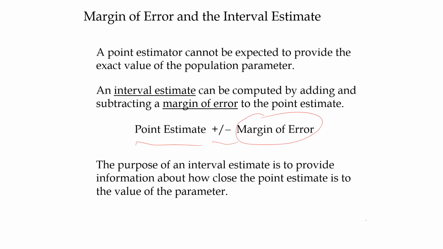As I said before when I was talking about the point estimator, one of the issues is that you are going to have error. If I take a sample of 10 random students out of 30, the average of those 10 is very unlikely to be the exact same as the average of the 30. Let's say we were doing height. The average of the 10 from the sample's height is unlikely to be exactly the same.